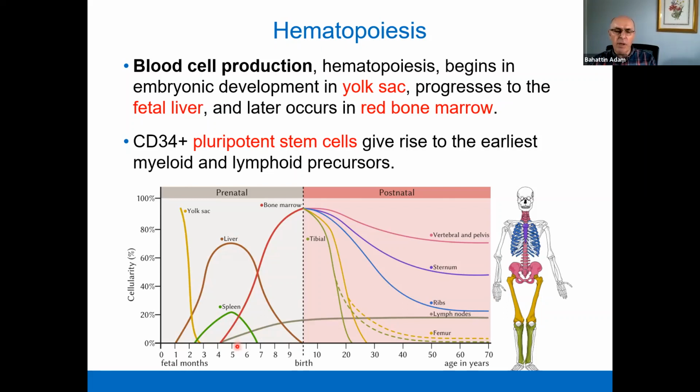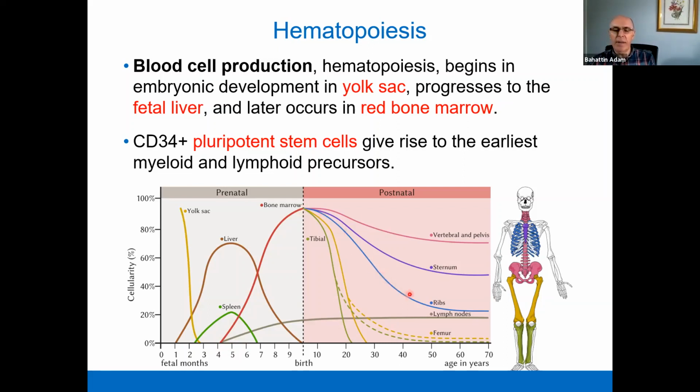part during the fetal life, okay. Eventually, the bone marrow started to produce blood cells at the 4th or 5th month of fetal life, and it continues to produce until the end of each person's life.